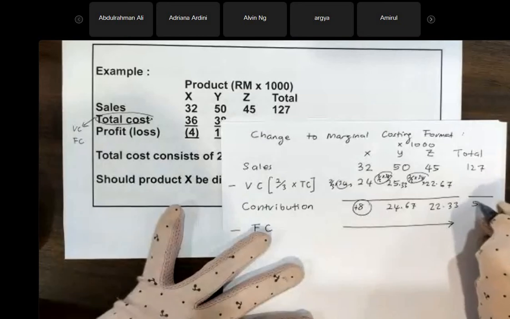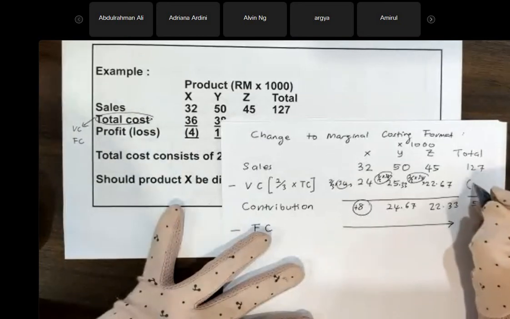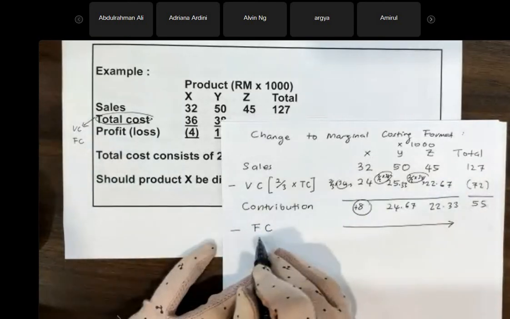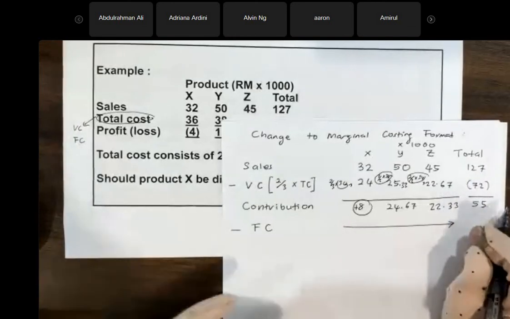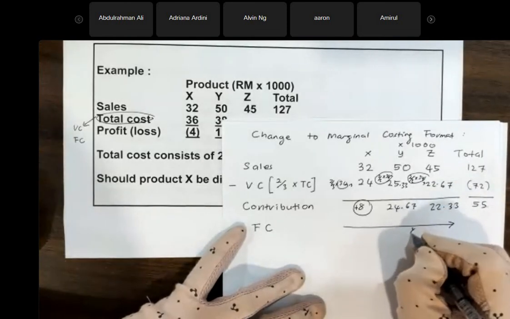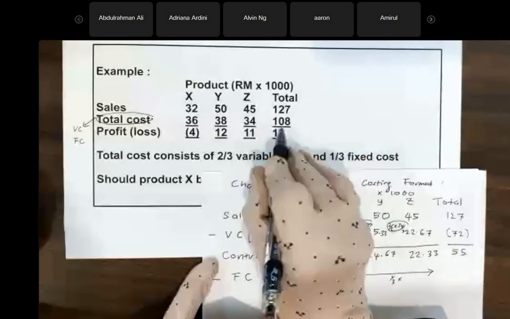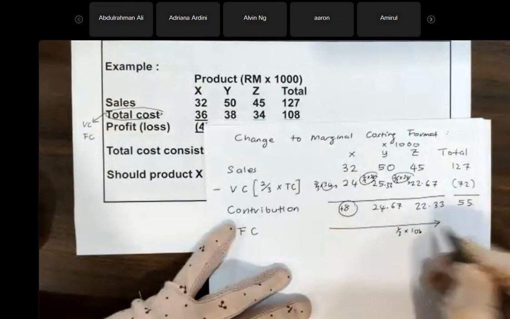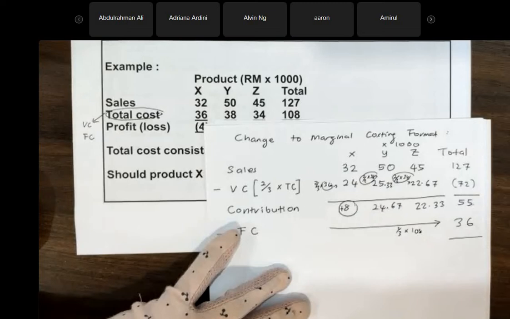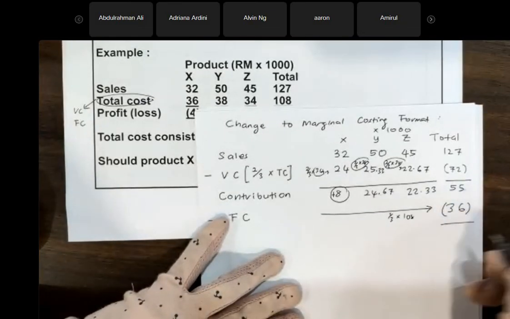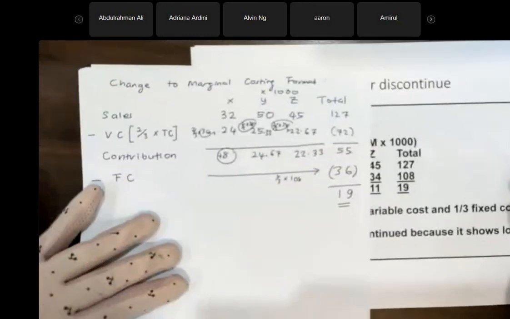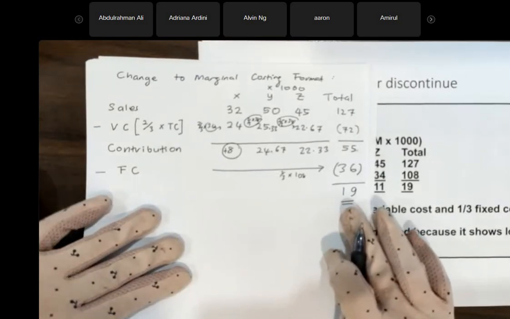The total is 1/3 times 108, so this is 36. You minus this one, so you get 19. The same. You can see the net profit is 90.